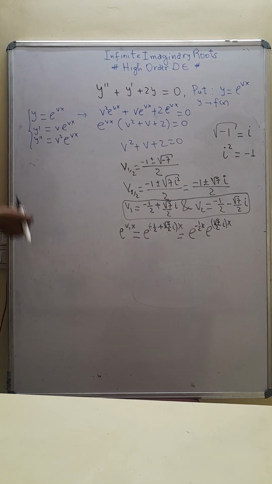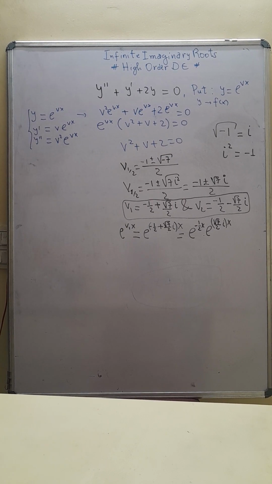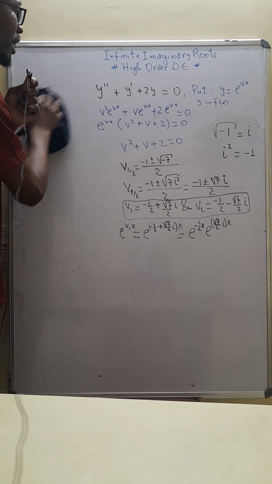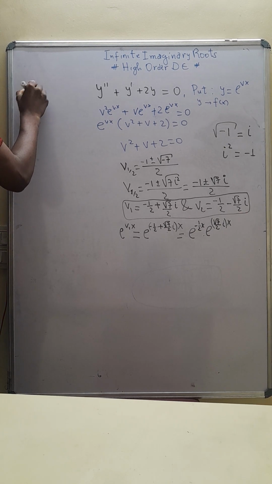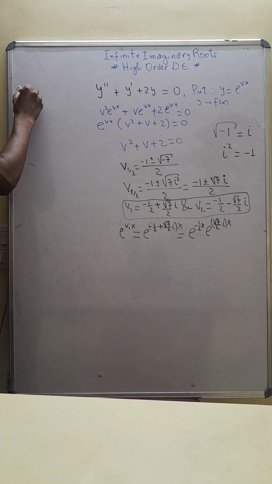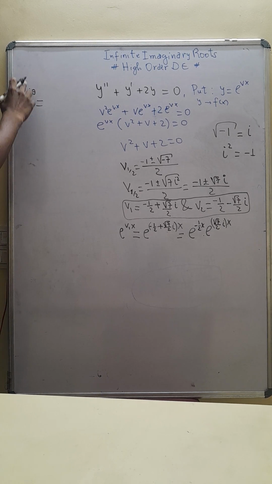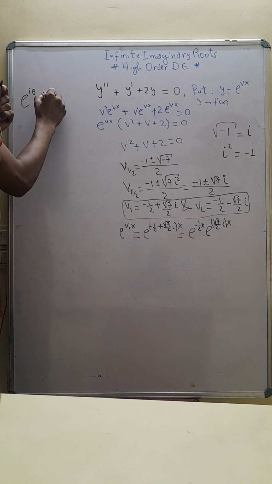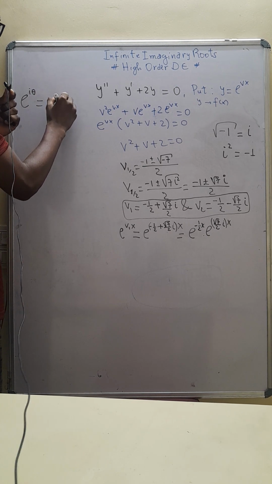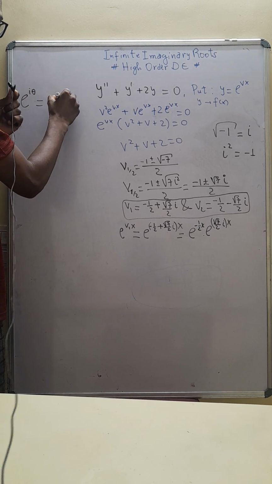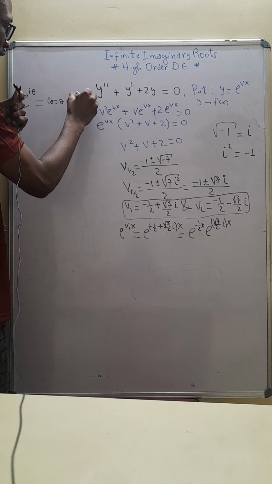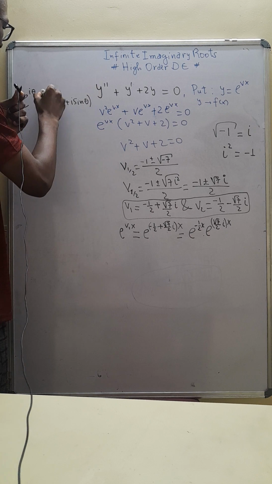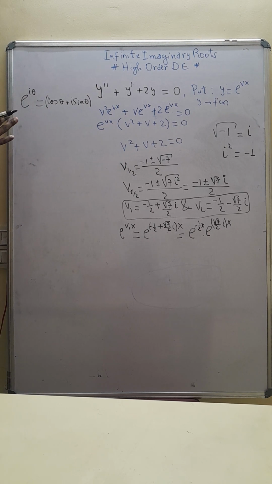I guess you don't know, but I'm lacking space. I need space here. We know the equation of Euler. Euler's equation: Euler raised to I theta is equal to cos theta plus I sin theta.